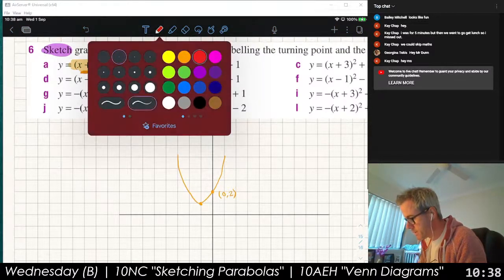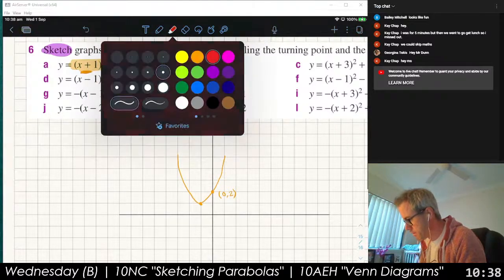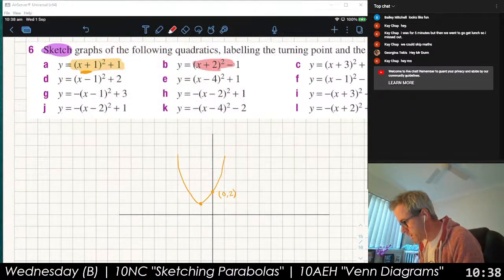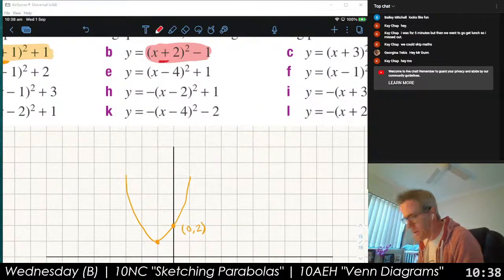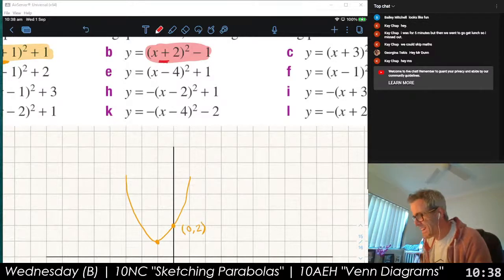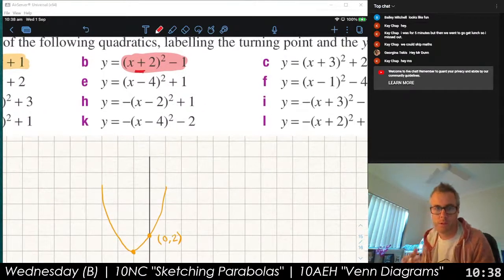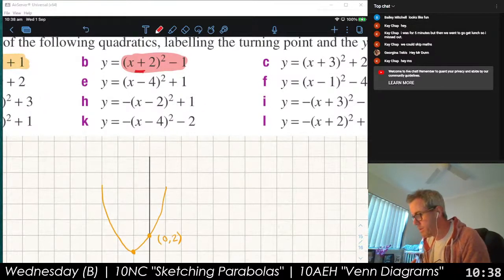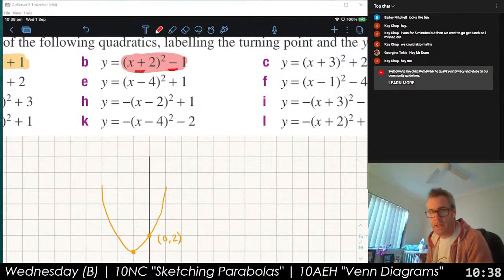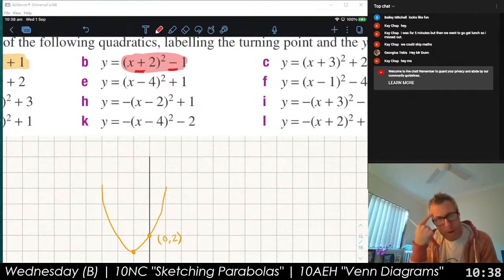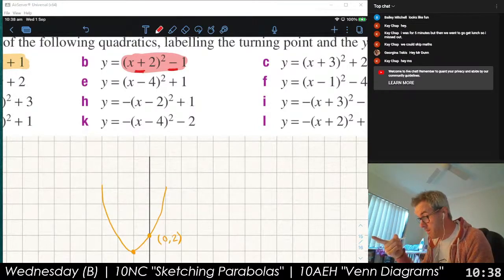Let's do another one. Let's go for the second one here. This second one is red, so we'll do our red one here. Now again, I can see I've got a positive there, so it's going to indicate to me that my turning point for the x is going to be -2. I can also see that this one here is a negative, where in my formula this should be a positive.